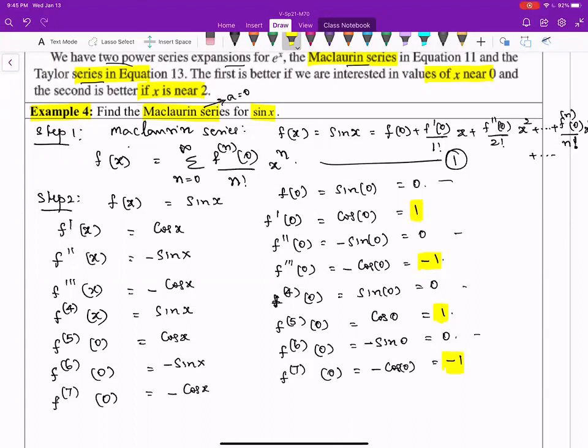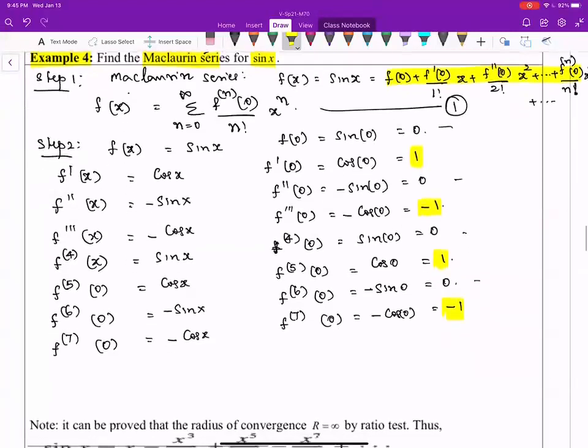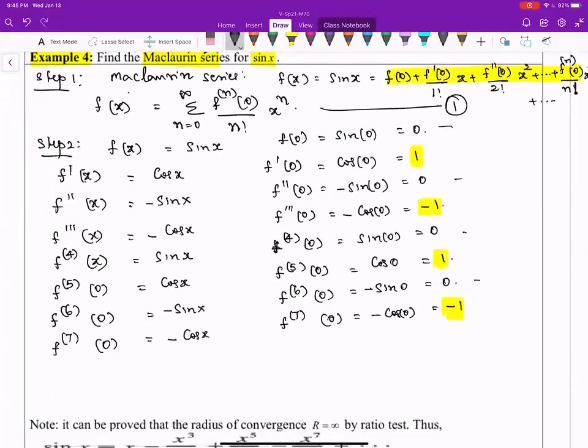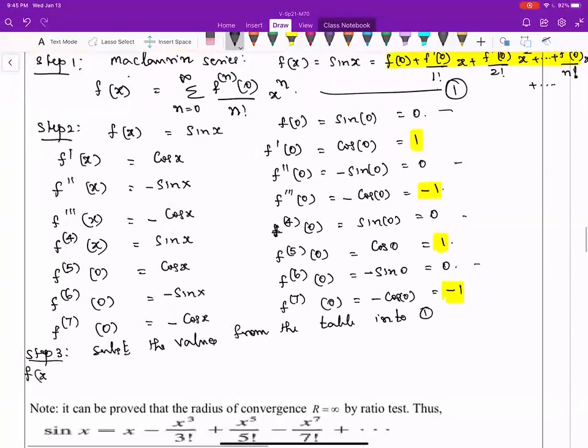So putting all this together back into this expanded version, f of x, which is equal to sin x, becomes: substitute the values from the table into step 1, we get f of x, which is equal to sin x.